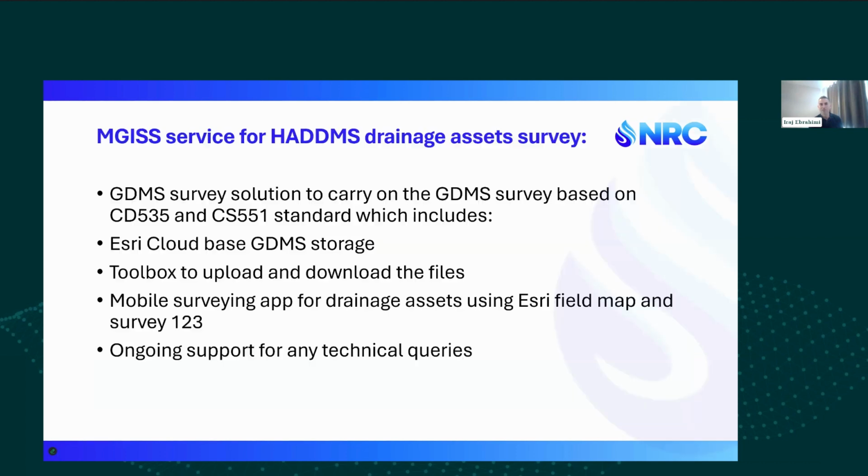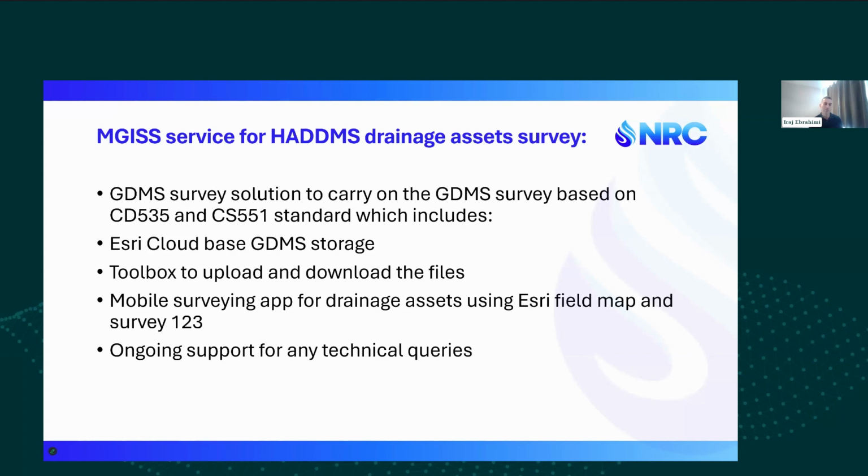If you can kindly go to the next slide, please. We do use MGISS services for two things really. One is for the Adams drainage round tripping, and that is a total solution, as Darius explained earlier in detail, how he set up everything for it.